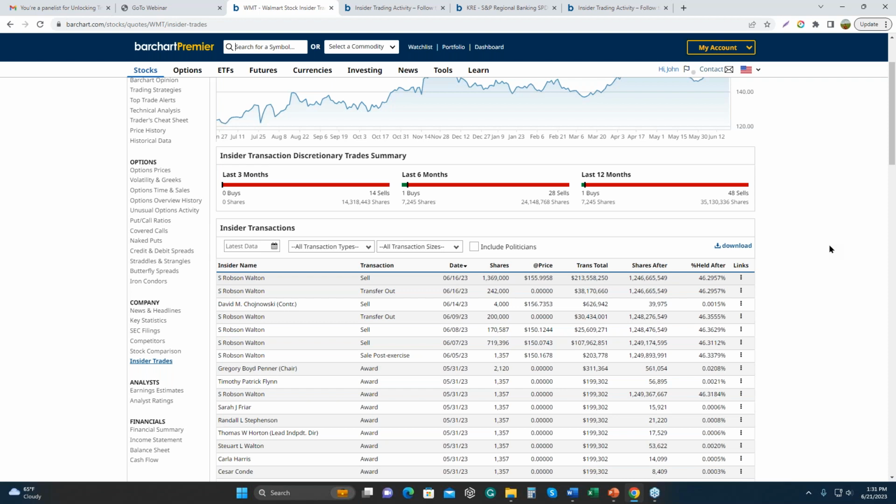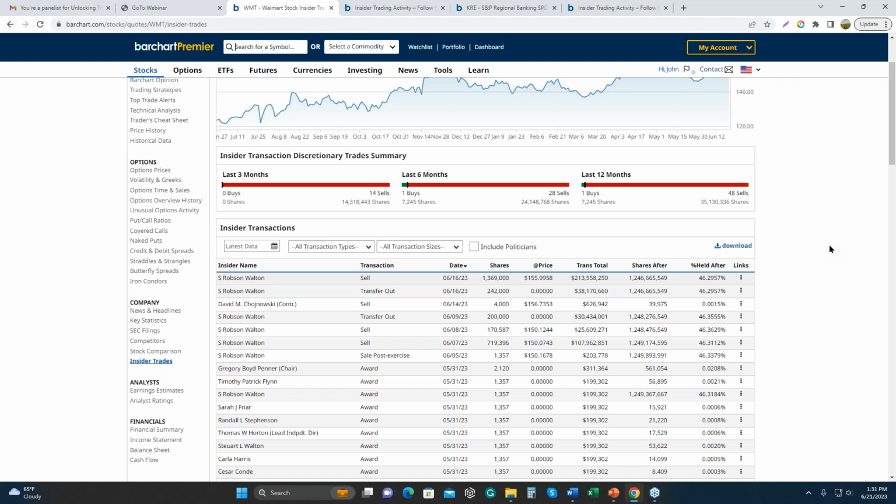But what do we see here? Since June, Mr. Walton has sold a significant number of shares: 700,000, 170,000, 200,000, 200,000, 1.3 million. Now, could that be an indication that Mr. Walton doesn't have faith in Walmart?